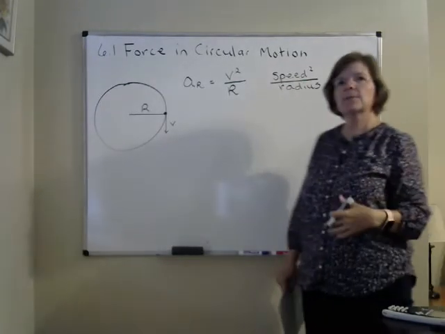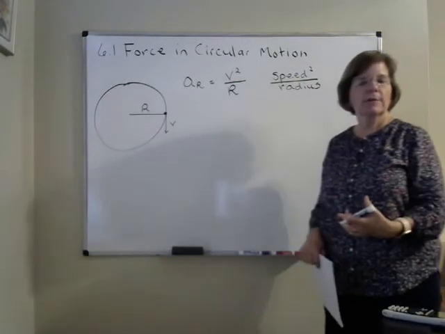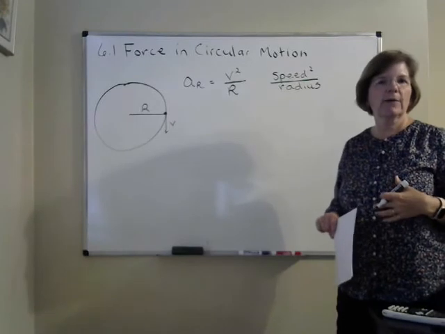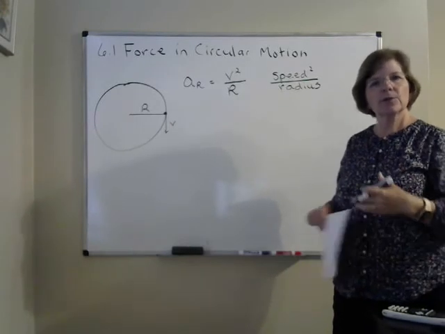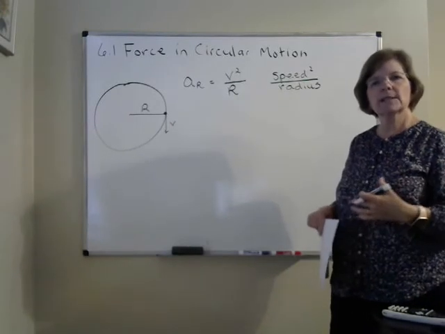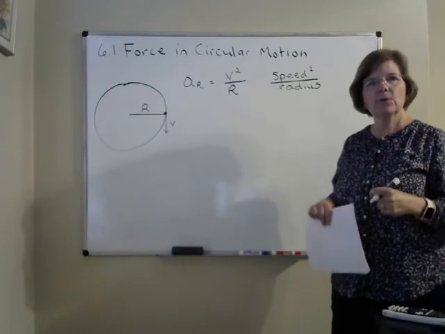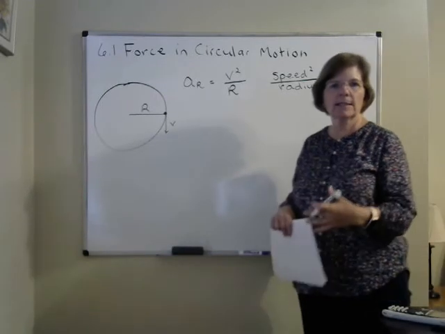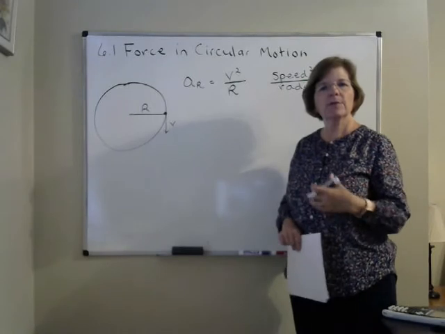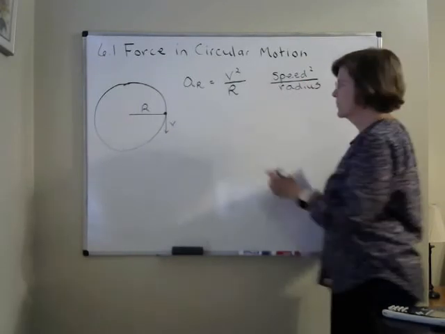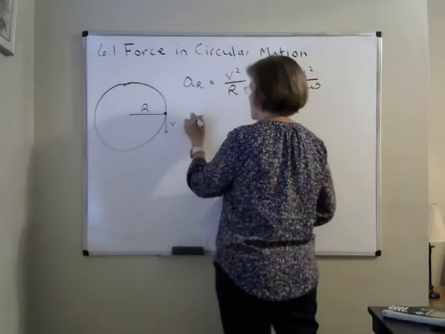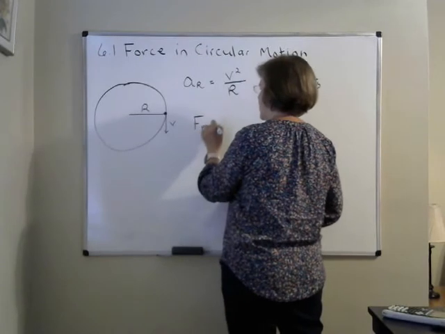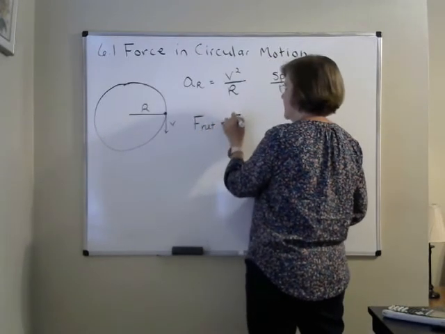When something's moving in a circle, particularly if we're talking about uniform circular motion or motion at a constant speed, the net force has to point along the acceleration. So when something moves in a circle, the net force is actually the centripetal force.